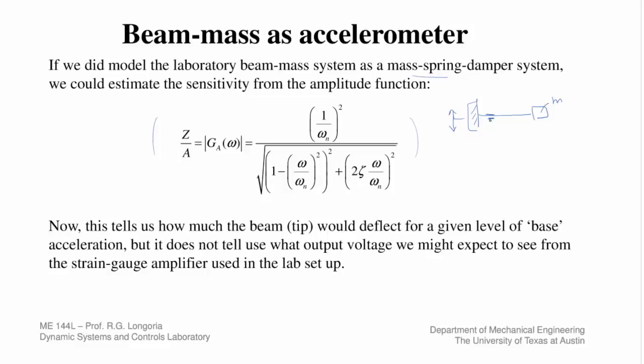So note that all you need to know, what's the relative motion between the mass and the base, is this function, and all you need to know basically is the natural frequency.